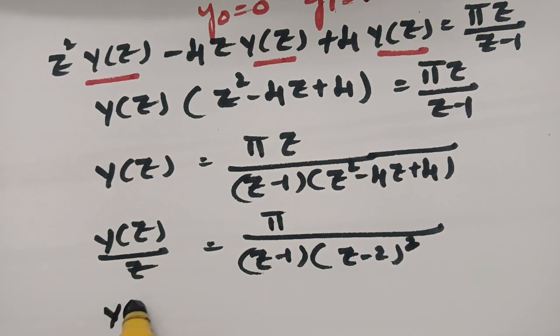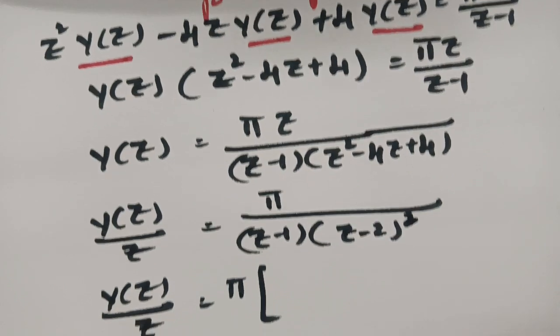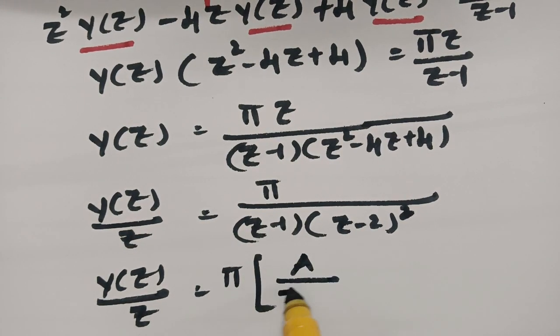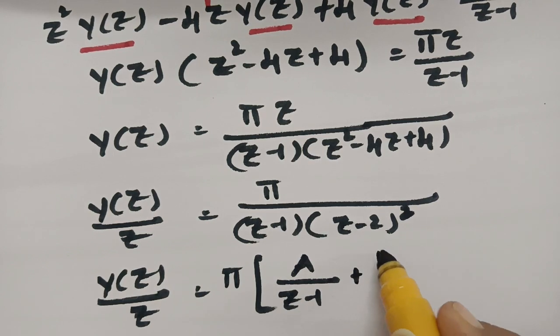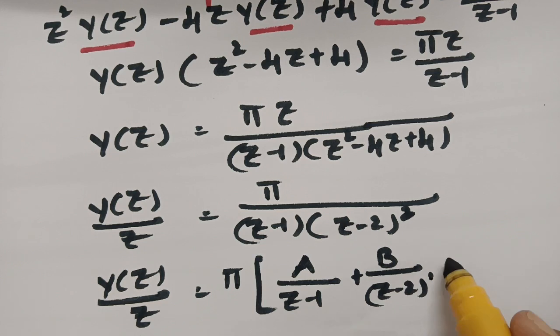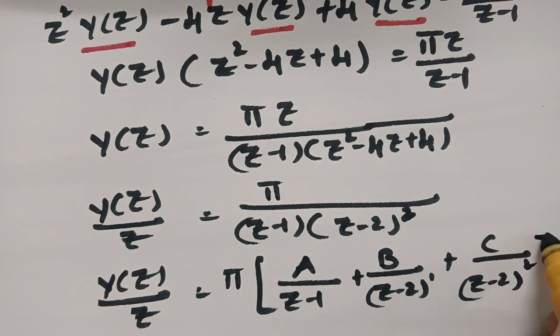Y(z) by z is equal to π times, this can be written as A by (z - 1) plus B by (z - 2) plus again C by (z - 2)².